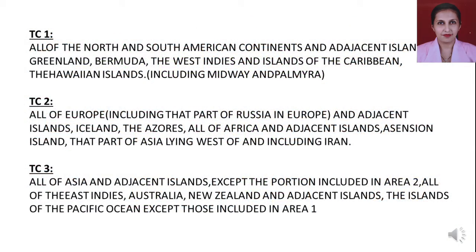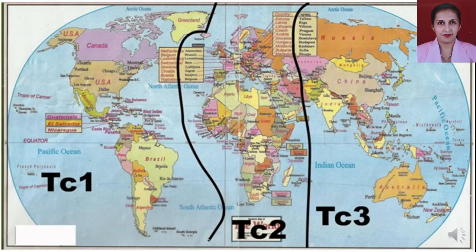TC3 is all of Asia and adjacent islands, except the portion included in Area 2. So as we see the map, excluding this area of Europe and Asia, this remaining area of Europe and this remaining area of Asia comes under TC3.